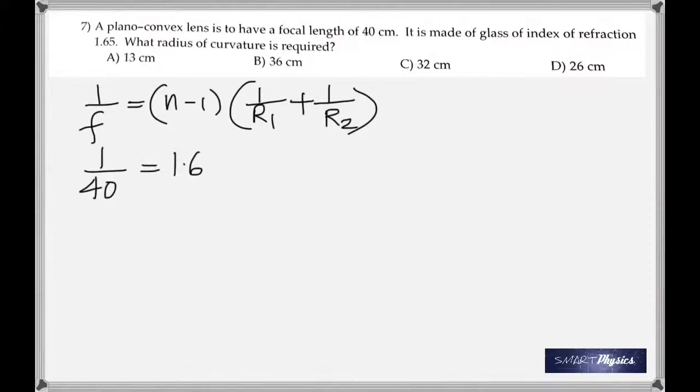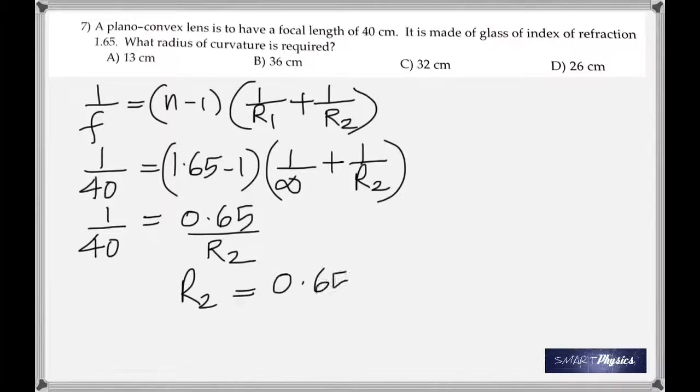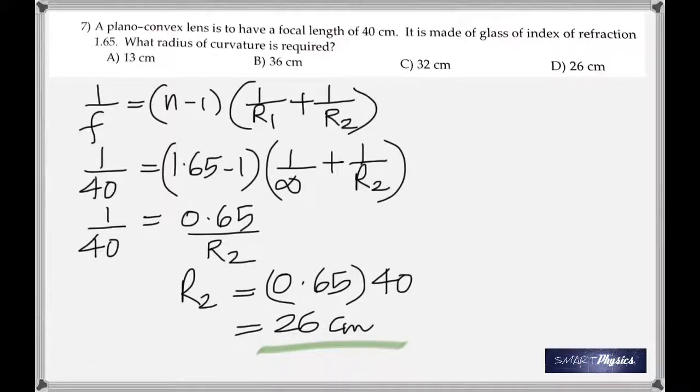F is 40, and refractive index is 1.65. Now 1 by infinity is 0 for the plane surface. And on calculation, R2 is 0.65 times 40, which is 26 centimeters.